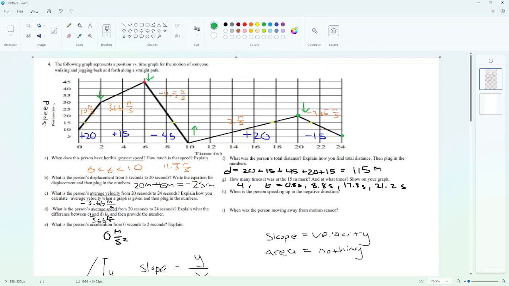I did say earlier that there is no acceleration, but that's along this line. As soon as it crosses right about here, the speed changes, and there is an instantaneous acceleration. So I would give it about maybe 2 seconds, 6 seconds, 10 seconds, and 20 seconds.